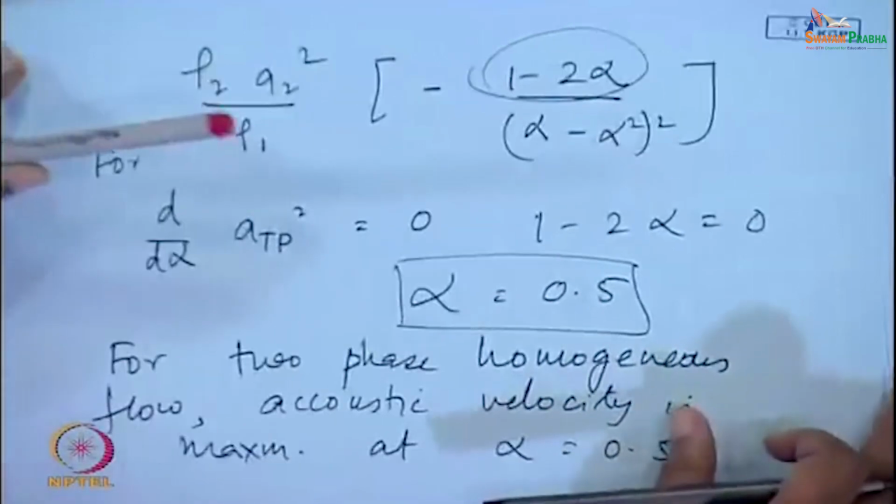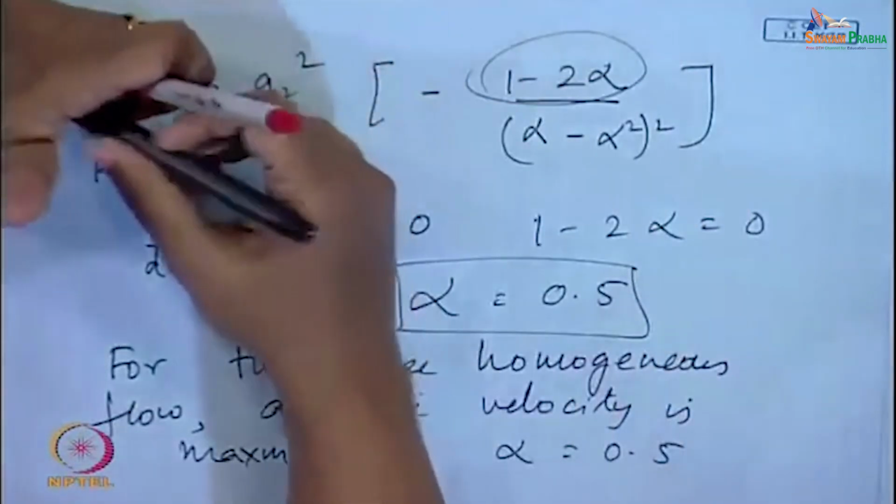Okay. So, this completes our discussions of the homogeneous flow theory, and in the next class we are going to start the drift flux model. Okay. But before that, I will be giving you tutorial sheets and you will be solving them on the homogeneous flow model and so on.